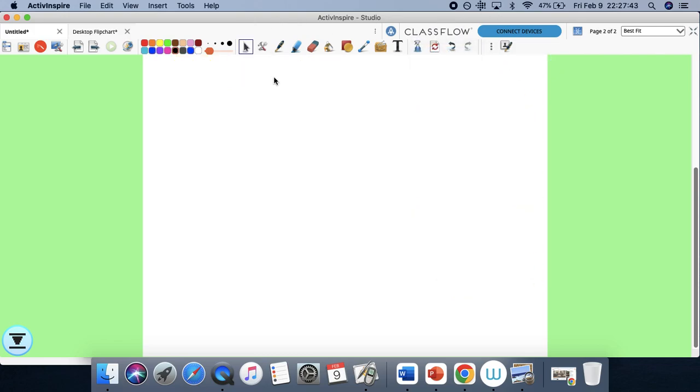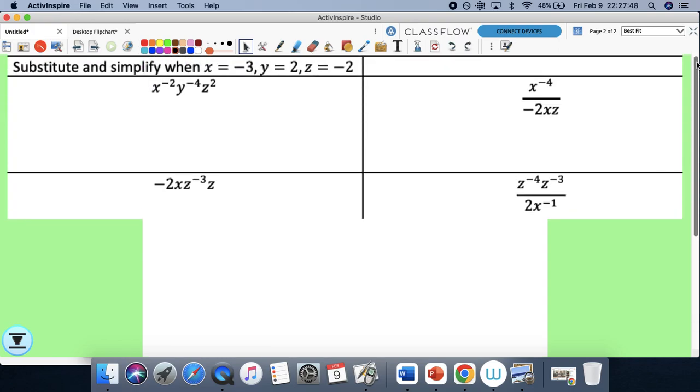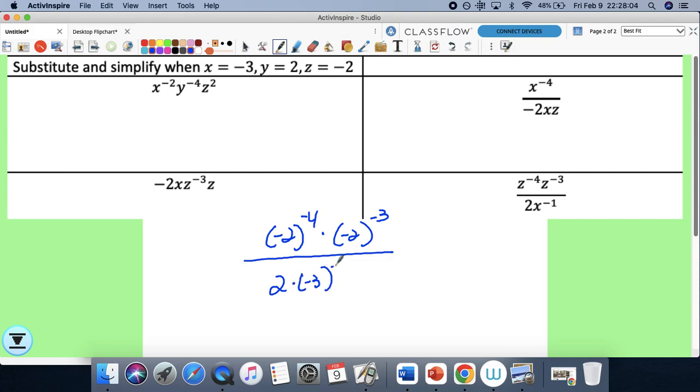All right, so nothing crazy so far. It's pretty simple. And the last one: z is negative 2 to the negative fourth power times negative 2 again to the negative third power, over 2 times x. What's x? Negative 3 to the negative first power.